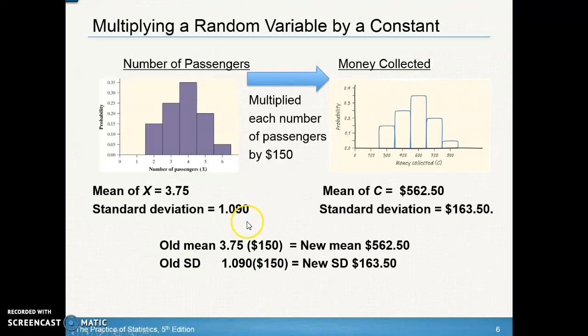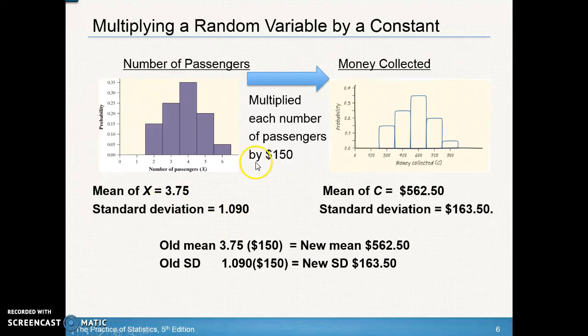If I multiply it by 150, that's saying that if it could deviate from the mean by about 1 person, the amount of money deviating from the mean is also multiplied by 150 to get it in dollar form, which gives you 163.50. So we took the old mean, 3.75, multiplied it by 150 to get the new mean, and the old standard deviation, multiplied it by 150 to get the new standard deviation.